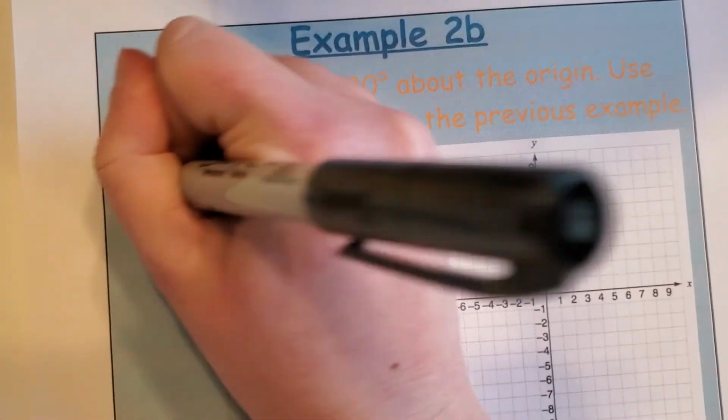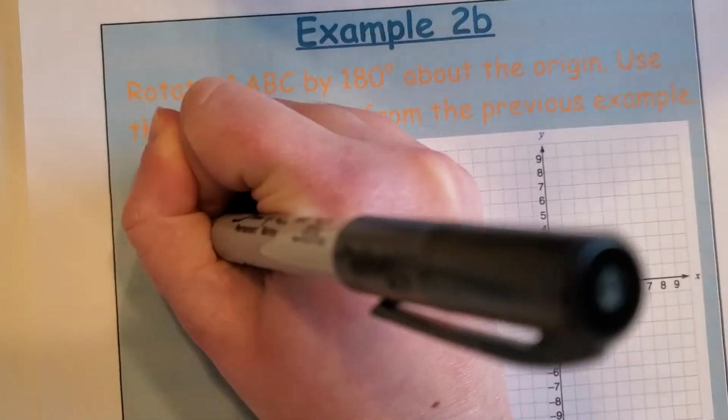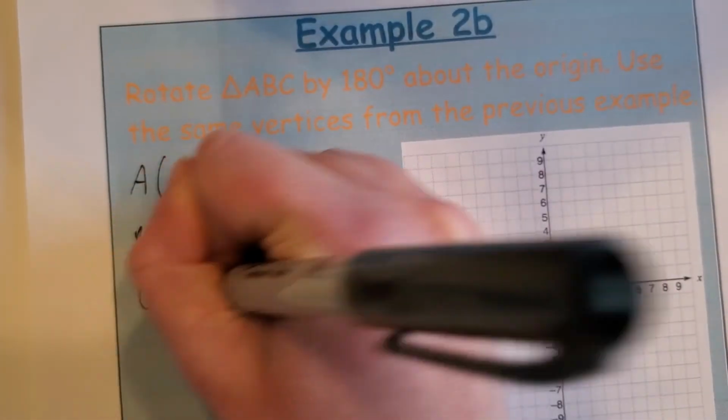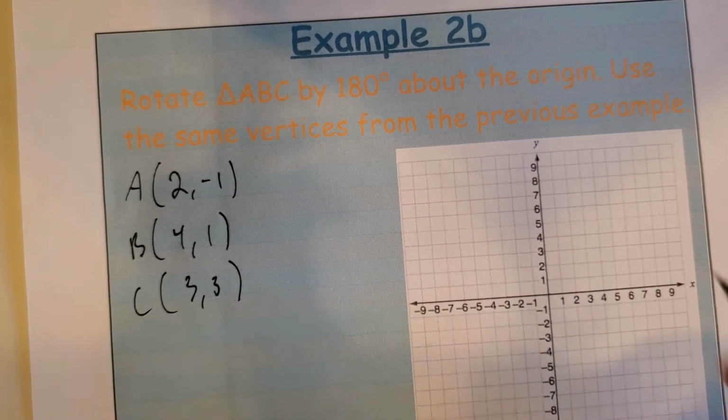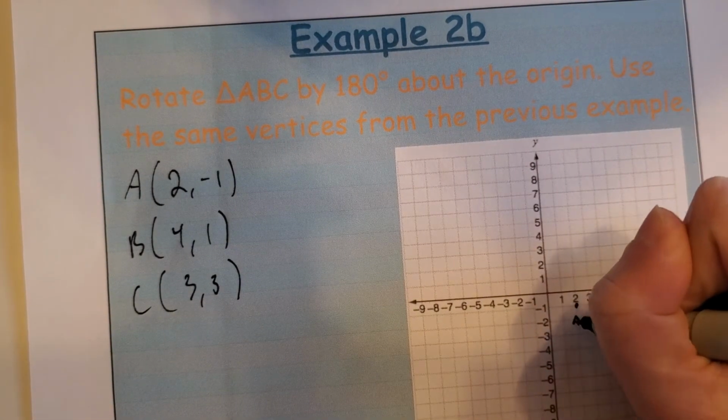So I have it right here. Our original A was 2, -1. B was 4, 1. And C was 3, 3. So if I plot those again real quick.